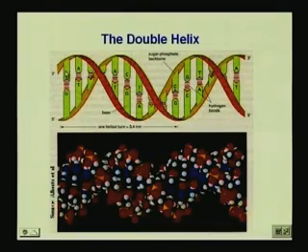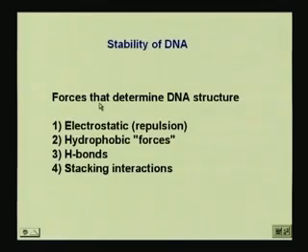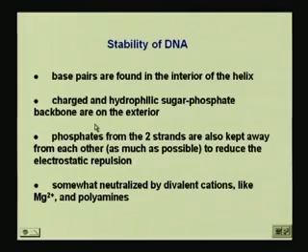Okay? So, in the resulting planarity that we have between the GC and the AT pairs, we are going to see a stacking interaction that again can be disrupted with any agent that penetrates this region between the bases. So, we have these 4 types of forces that actually determine the DNA structure.